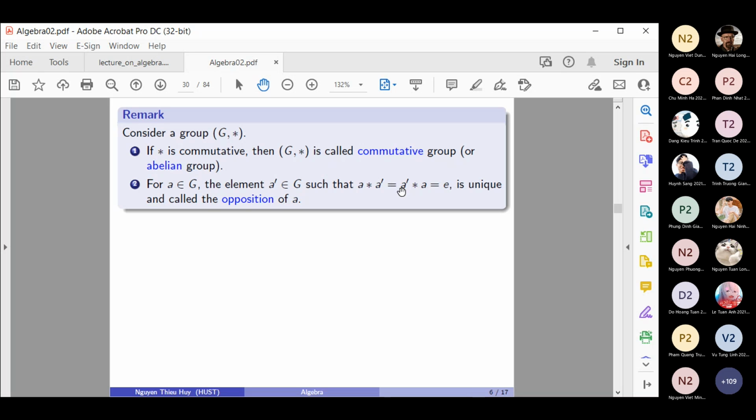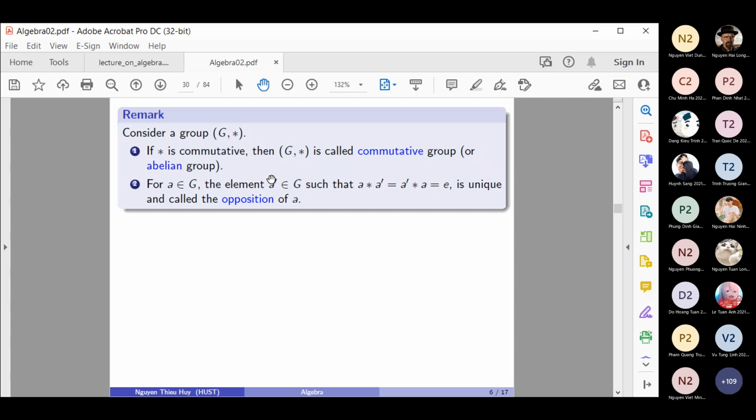Actually, the proof that A prime is unique is almost the same as the proof that a neutral element is unique. You can imitate that proof to do the proof yourself. But now I want to pay attention to the name of this A prime.